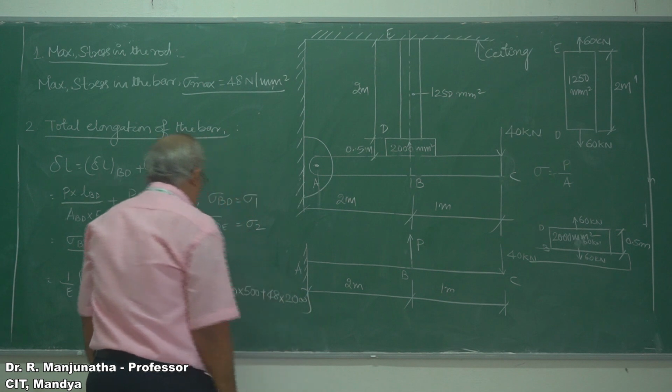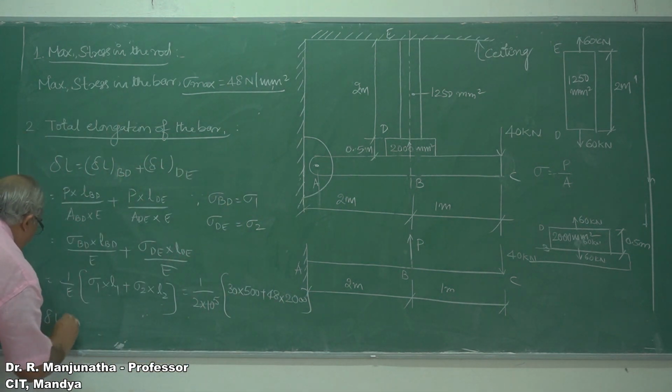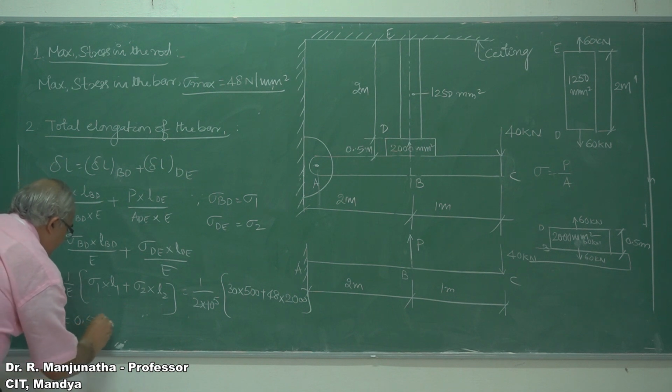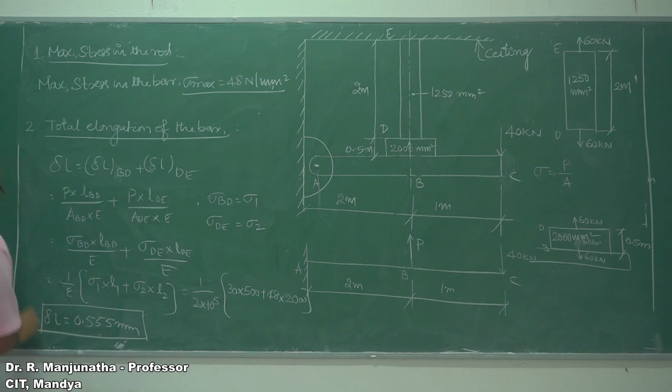So delta L will be 0.555 mm. So this is the final answer.